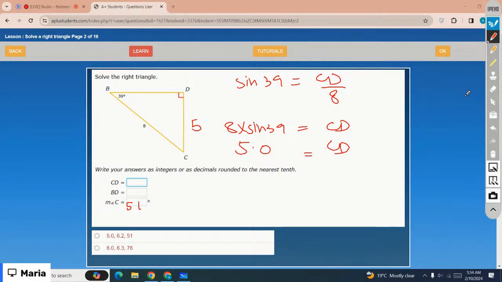The Pythagorean theorem: the sum of squares of the two sides is equal to the square of the hypotenuse. So 8 square equals 5 square plus a square. So a square equals 64 minus 25.